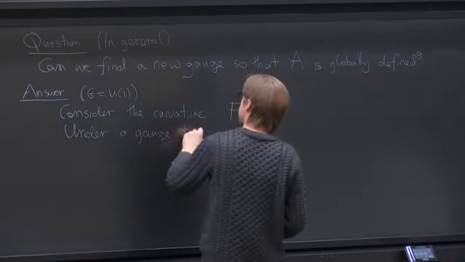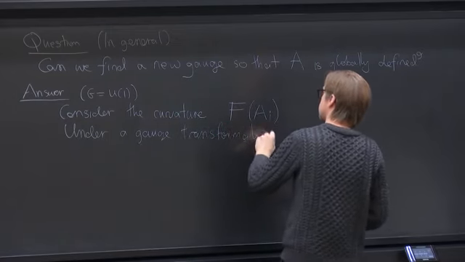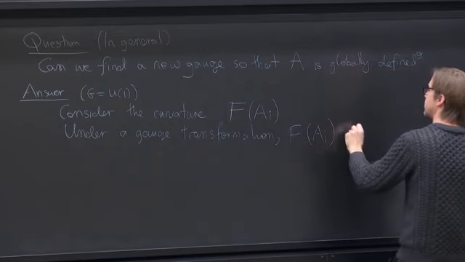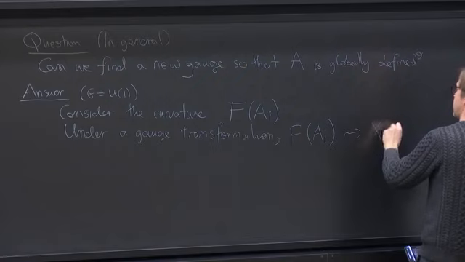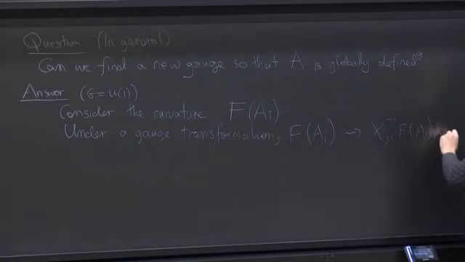Under a gauge transformation, F_i gets sent to g_ij inverse F_i g_ij.